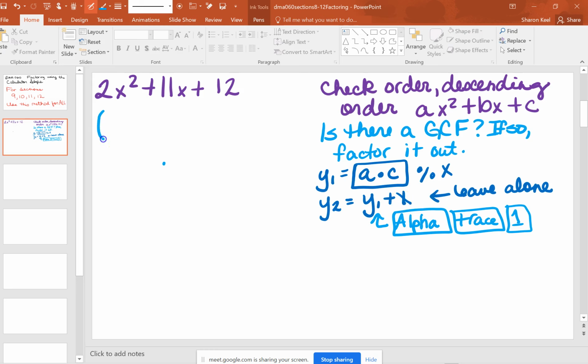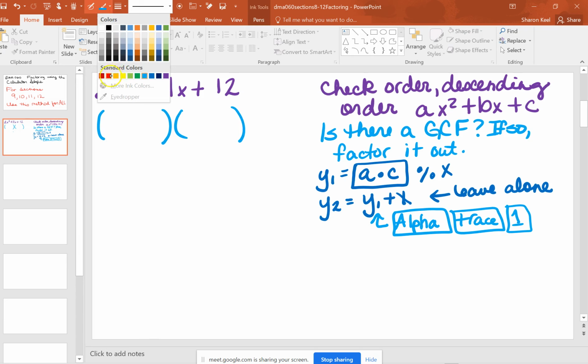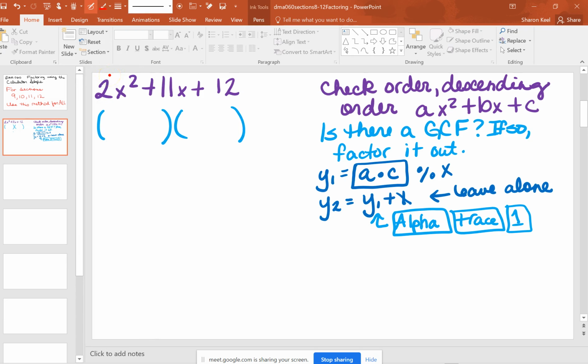So ultimately what we want to do when we factor is we want to have 2 parentheses. And with the 2 parentheses, we are going to factor. So let me go ahead and put our 2 parentheses here and here. They're going to begin with the x at the front.